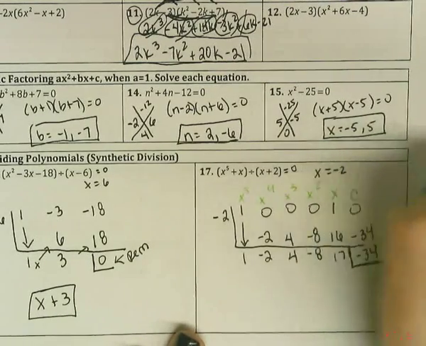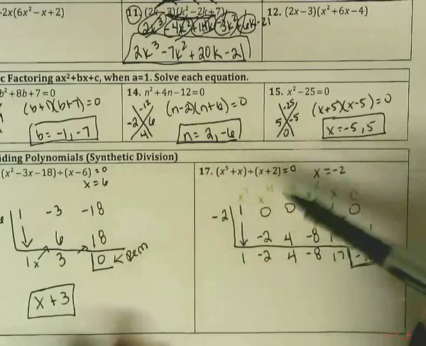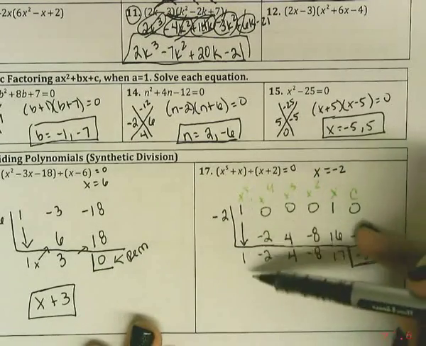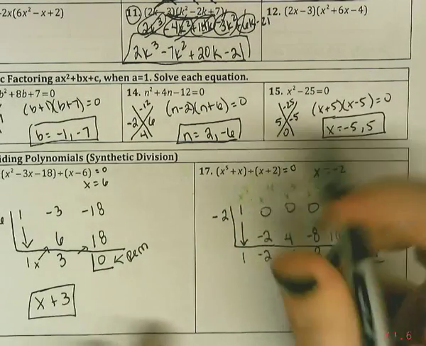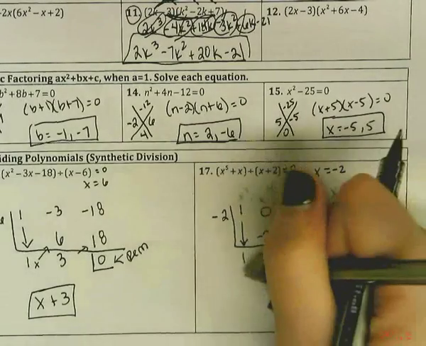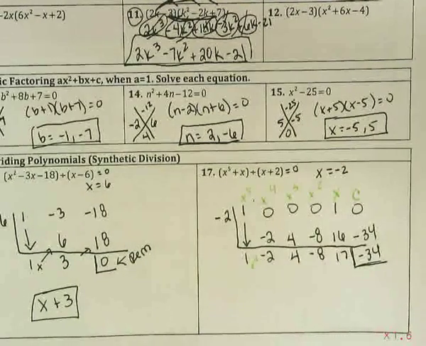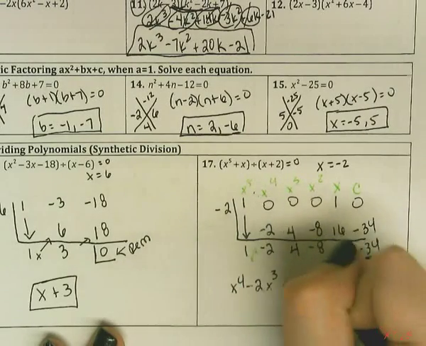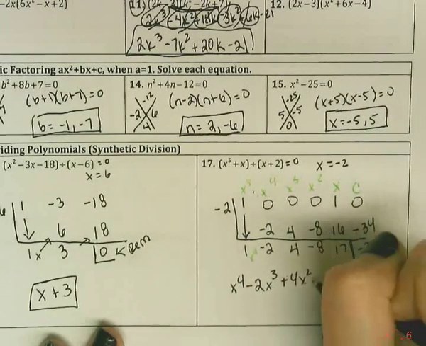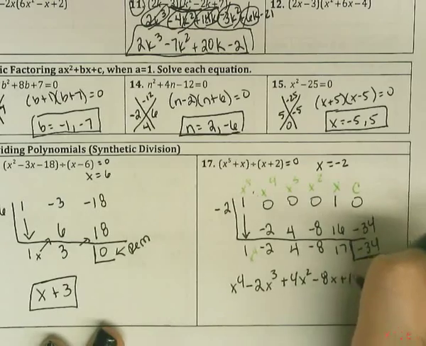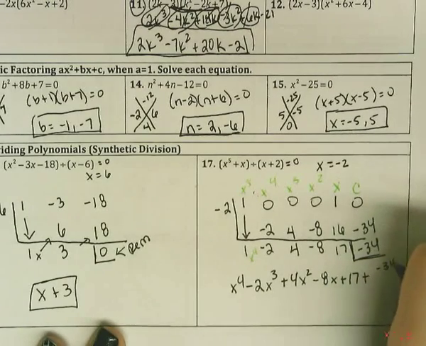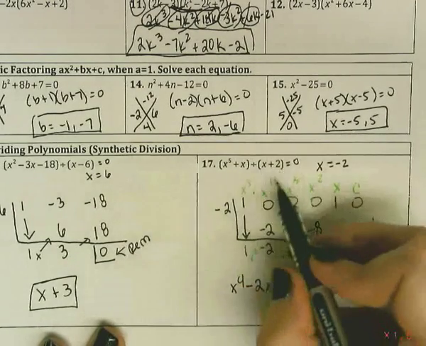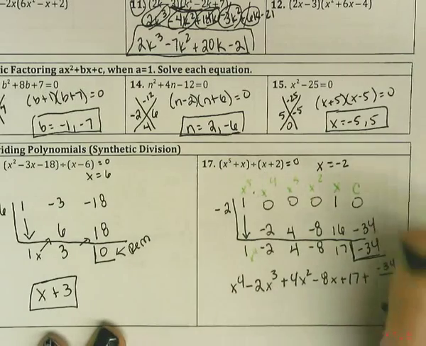The one here at the end is our remainder, and everything else we just start 1 degree less. So x to the 5th starts at x to the 4th. So we have 1x to the 4th minus 2x cubed plus 4x squared minus 8x plus 17 plus negative 34 over what we divided by, which was x plus 2.